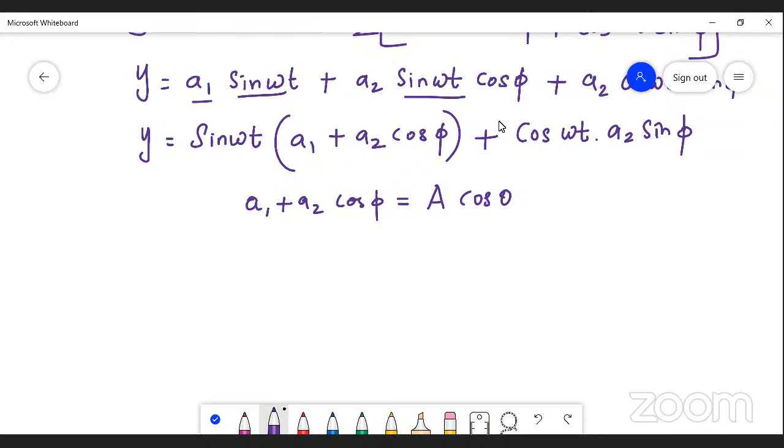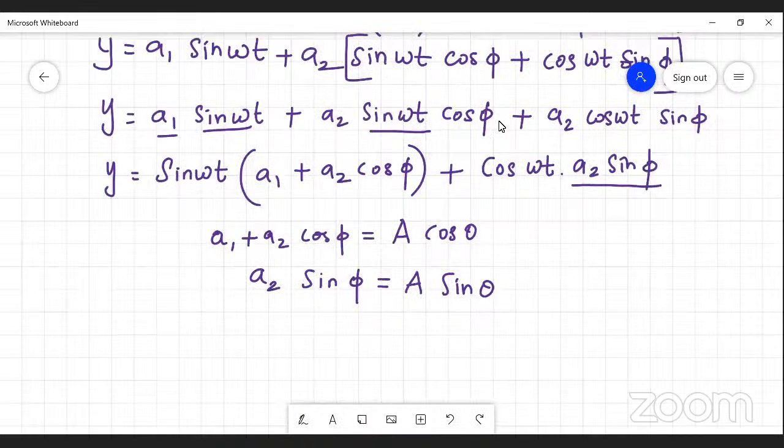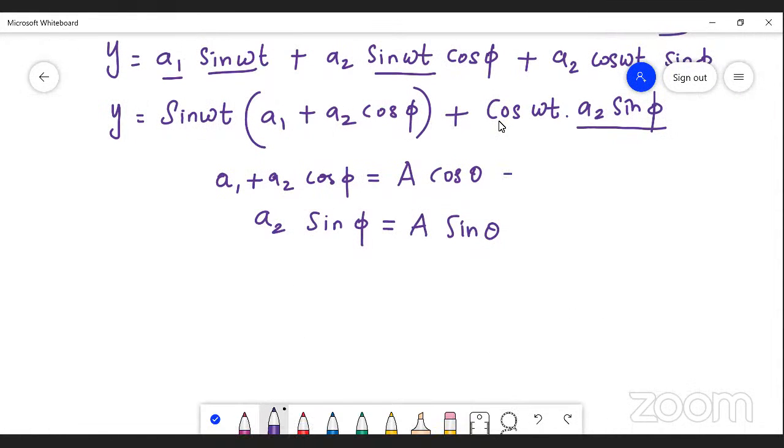And next, a2 sin pi is equal to A sin theta. This is very important. This is equation number 4 and this is equation number 5.